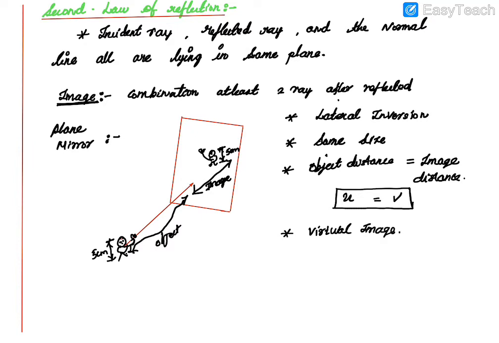So what is a virtual image? See students, here I just draw one mirror. Suppose one mirror is there, and two rays will get reflected.